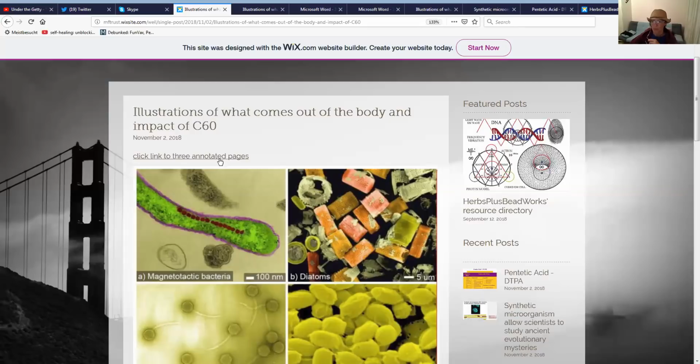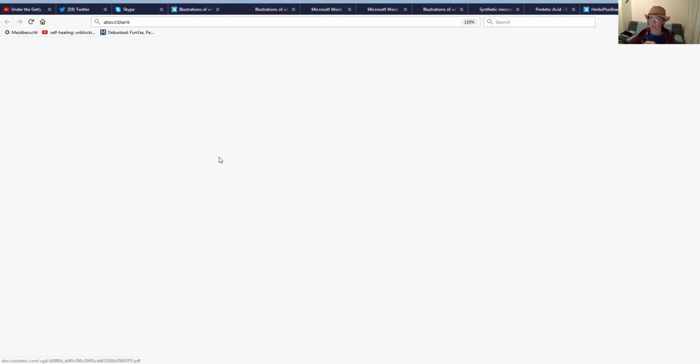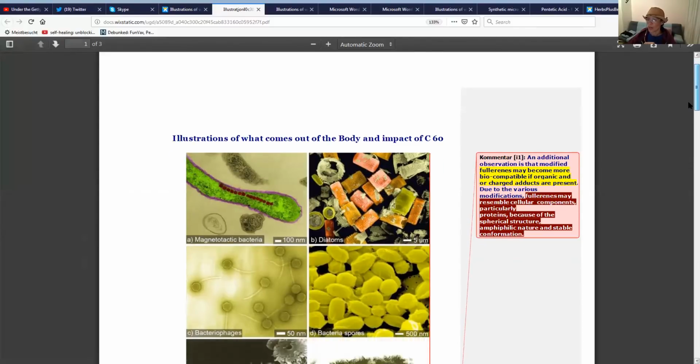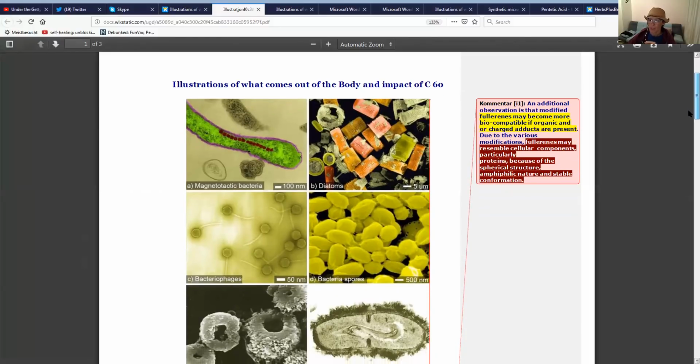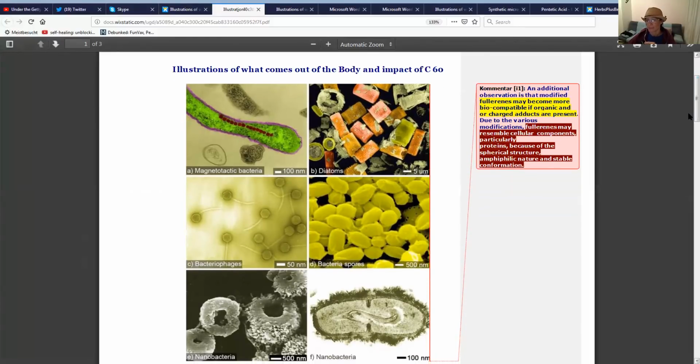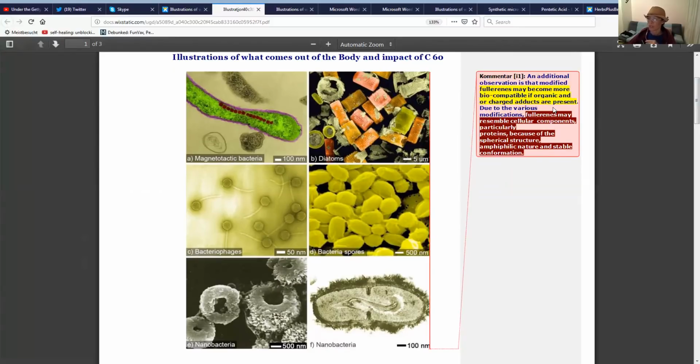Okay. So let's take a look at the second document that Tony had sent. Illustrations of what comes out of the body and impact of C60. So here is a commentary in the side. This is the annotated document that Tony had spent some time on. An additional observation is that modified fullerenes may become more biocompatible if organic and or charged adducts are present.